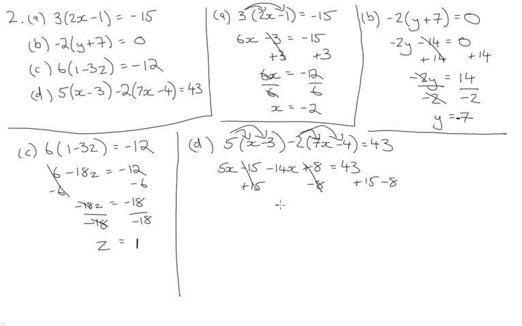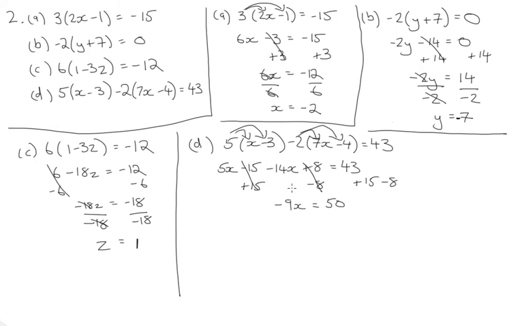It is minus 9x equals 43 plus 15 is 58. Minus 8 is 50. Am I right there? 58, yeah. Minus 8 is 50, yeah. And then 5x minus 14x is minus 9x, yeah.